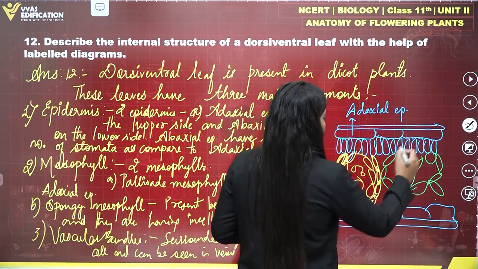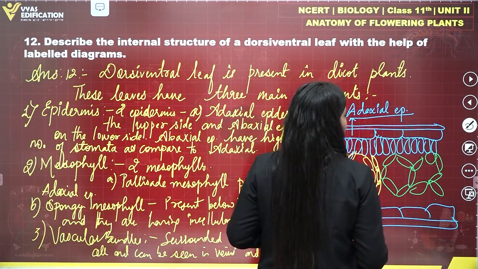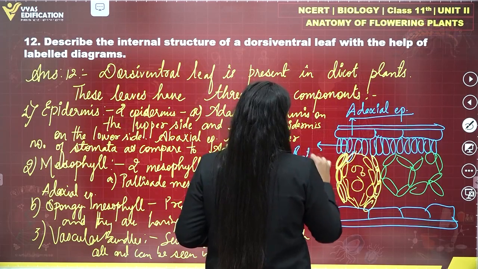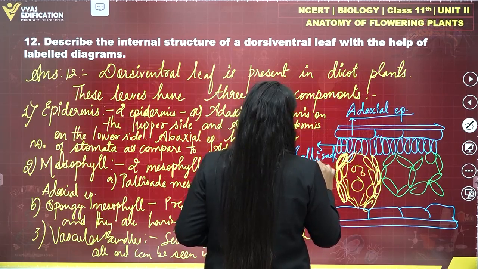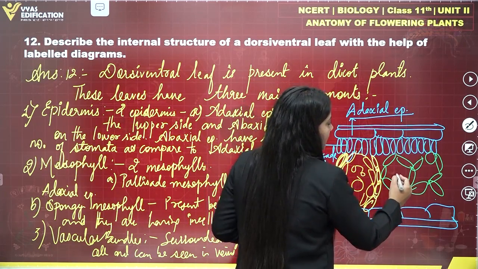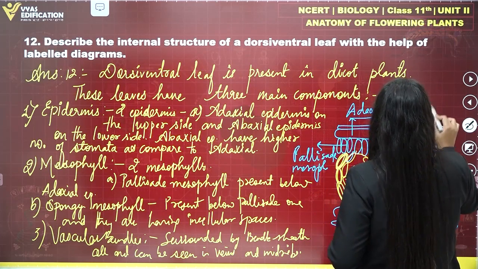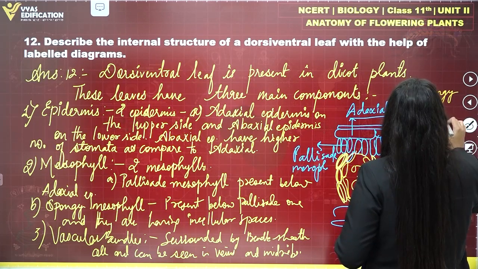Let's try to label this. First of all, this is the adaxial epidermis. These are palisade mesophyll. Then these are spongy mesophyll.